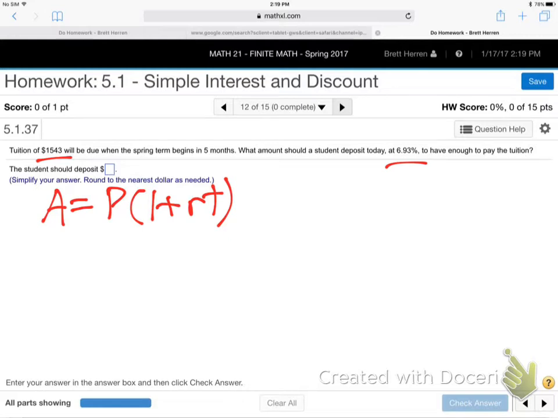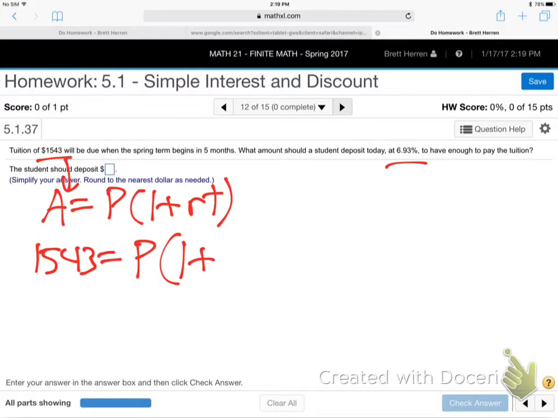So, right, she's trying to make this amount later. So what principal does she need to put in the bank now, to become 1543 later?